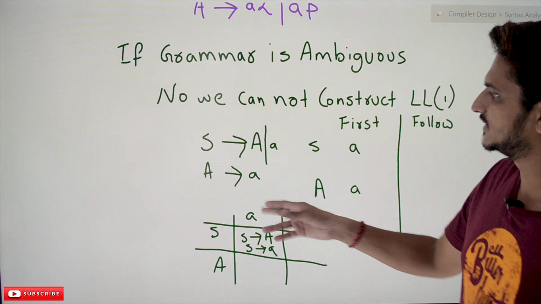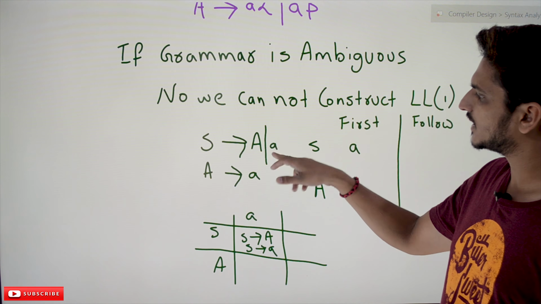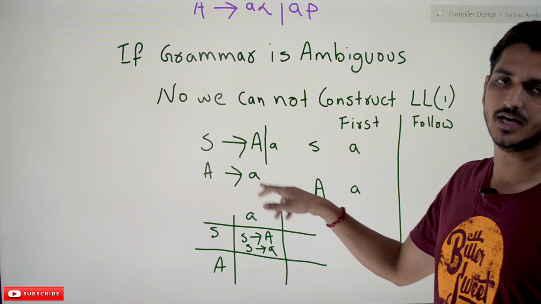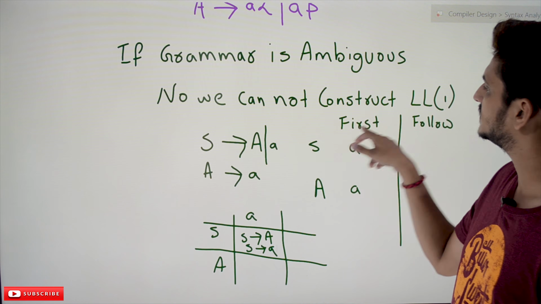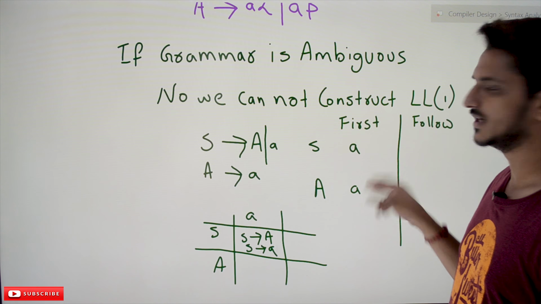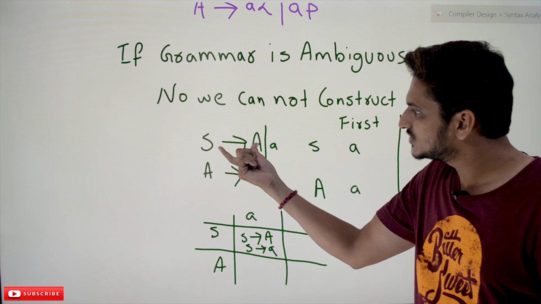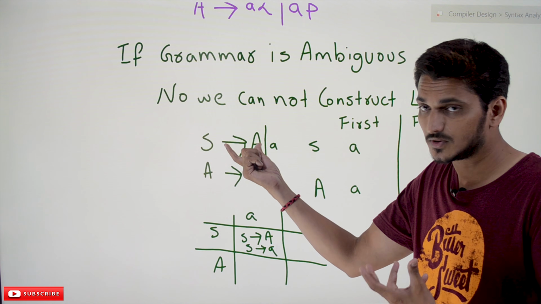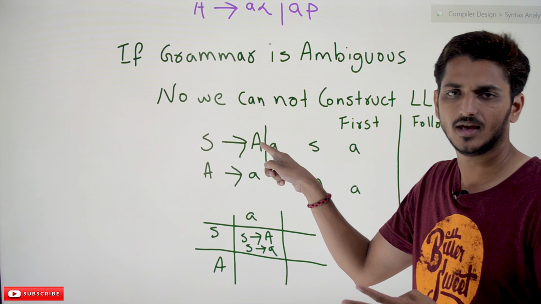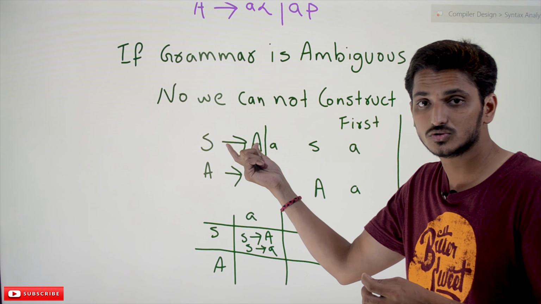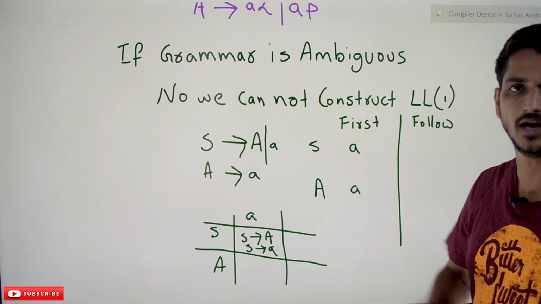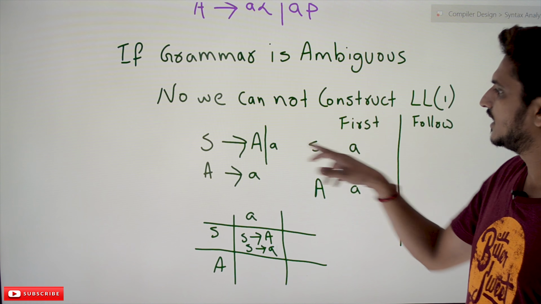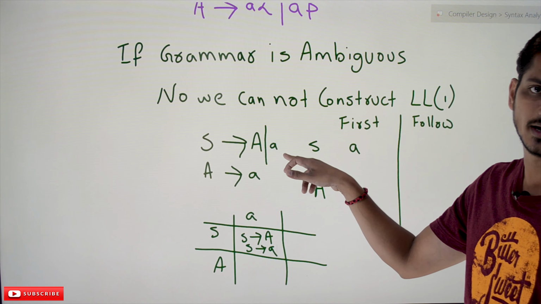Let's see one example. S tends to capital A or small a, and A tends to small a. This is an ambiguous grammar. What is the first symbol? First of S is a. First of A is a. S tends to A, if you take this production, what is first of A? Small a. It means this production goes to the place S, a. S tends to capital A. In the same way, S tends to small a.